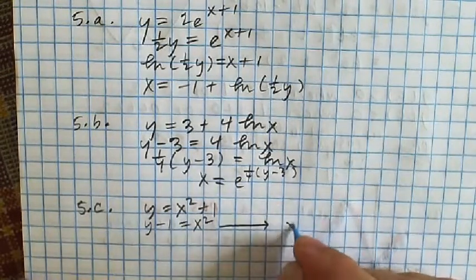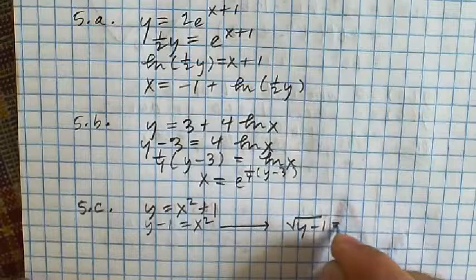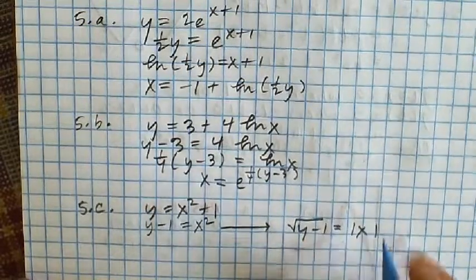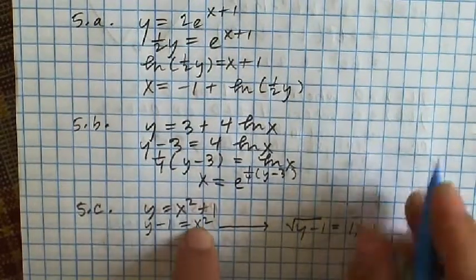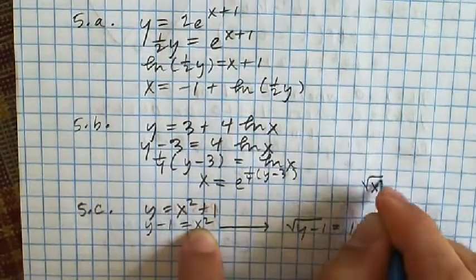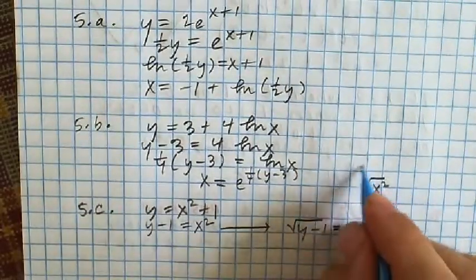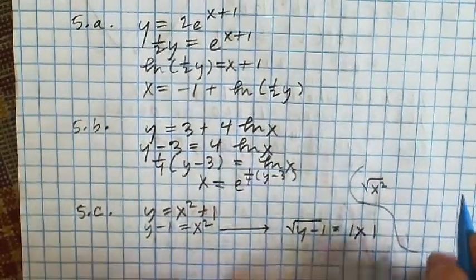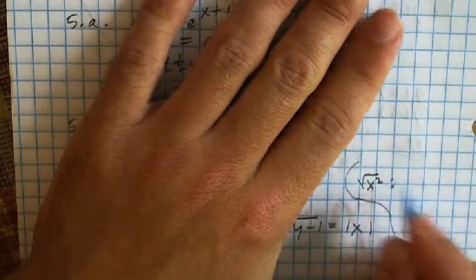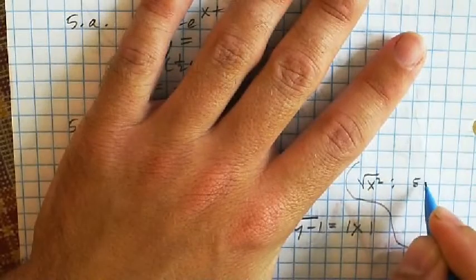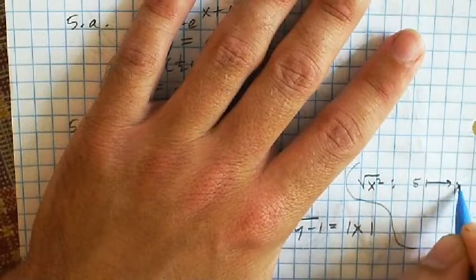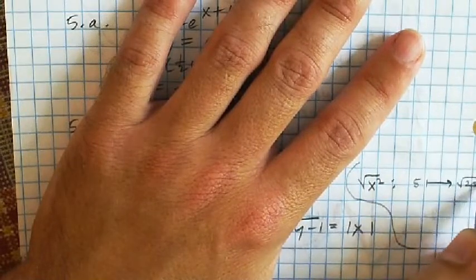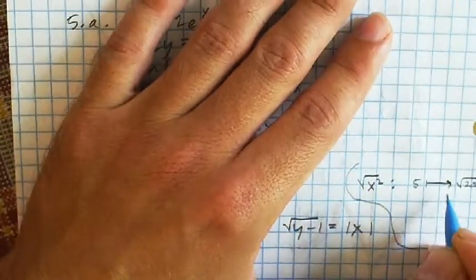It's the square root of y minus 1 is equal to the absolute value of x, okay? Think about it. If you take the square root of x squared, start with 5. 5 goes to the square root of 25, which is 5. So it didn't change, it's x.